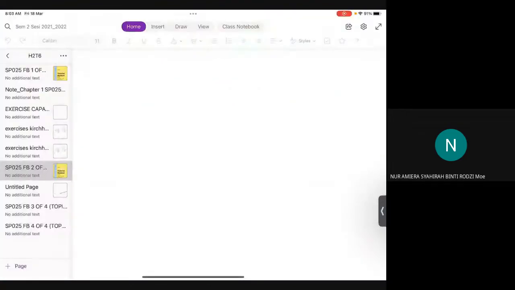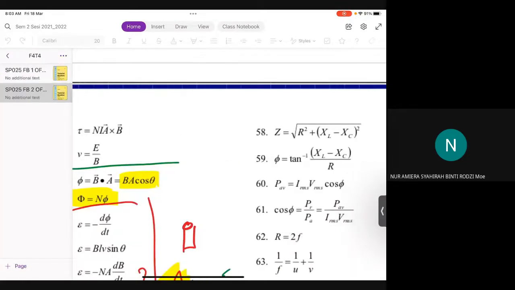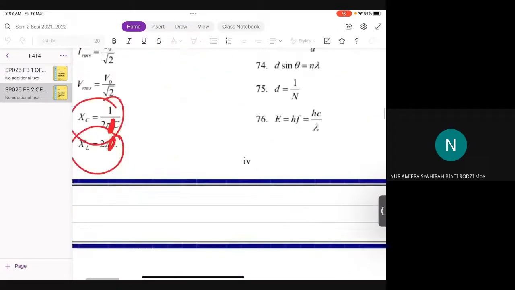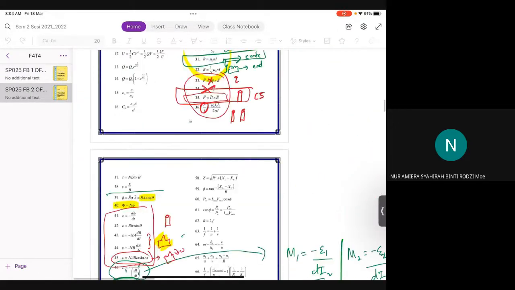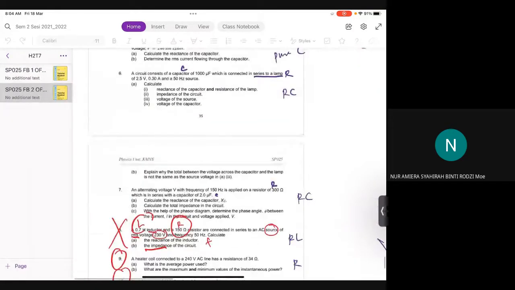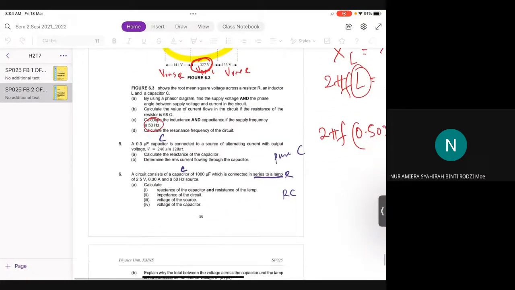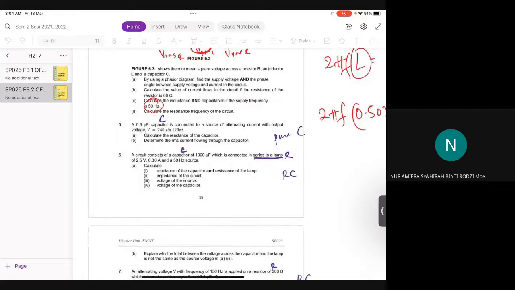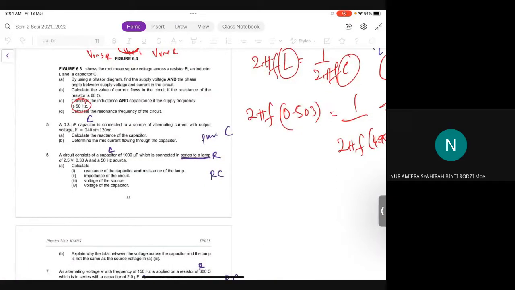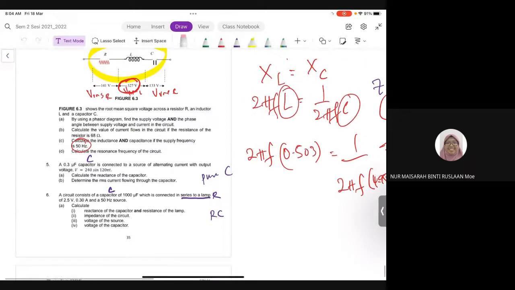Okay, kita masuk kepada chapter ni, kita habiskan P4. Okay. Semalam sampai mana? Sampai ni kan? 5 dah ke belum? 5 belum ada. 5 belum, okey.